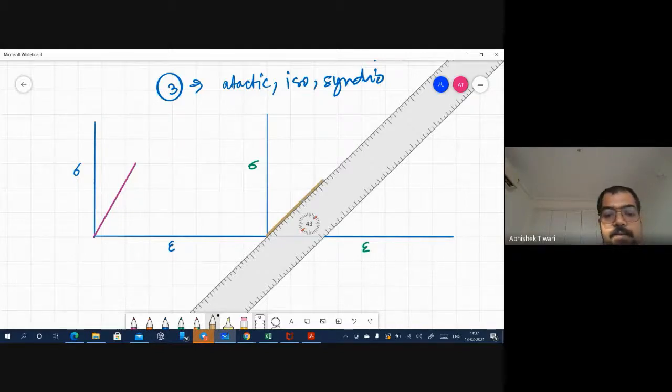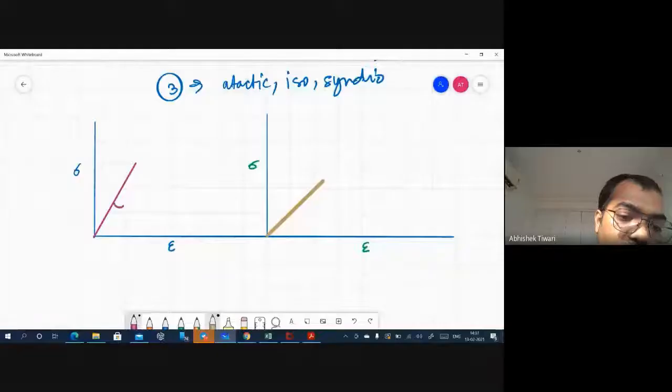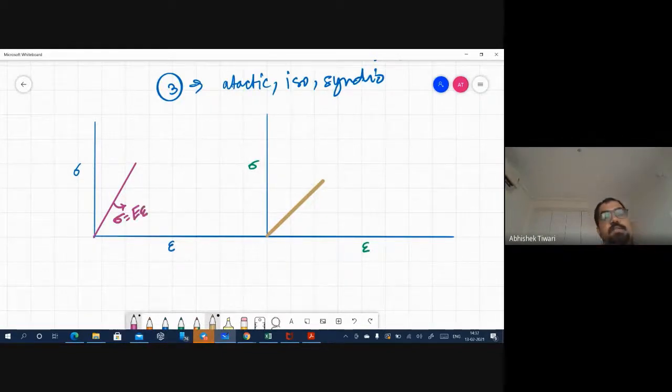Okay, so in the metallic material we will have the linear elastic part which follows Hooke's law. Okay, so sigma is equal to elastic modulus into epsilon. Then you have strain hardening. So this region is strain hardening.